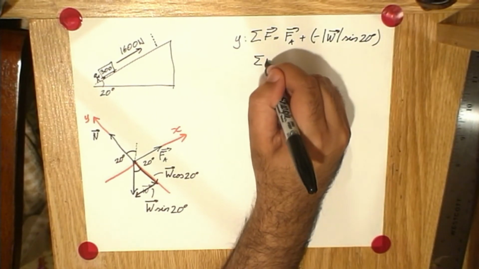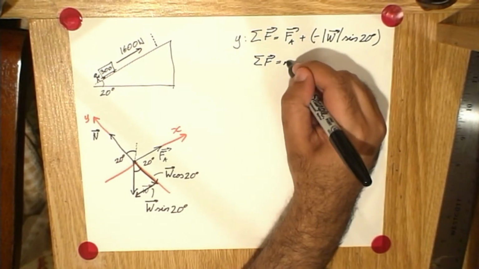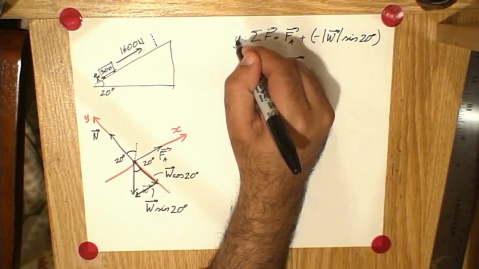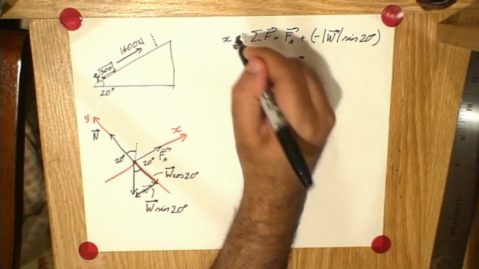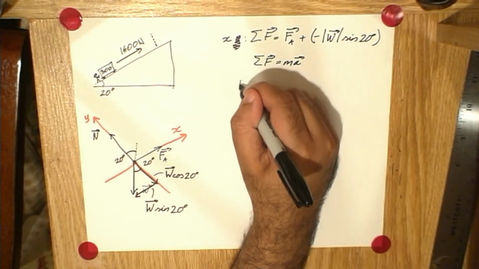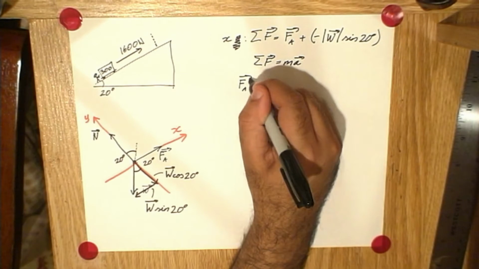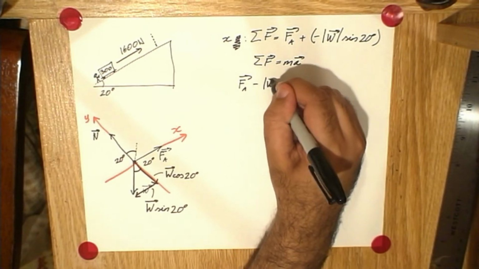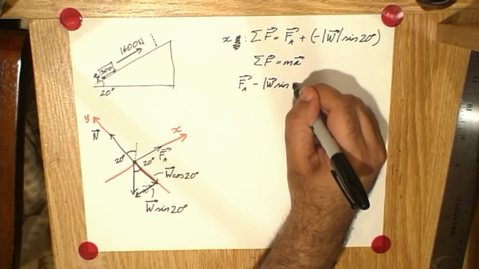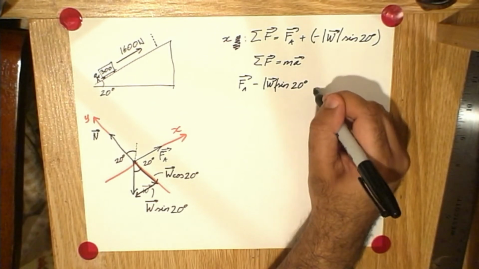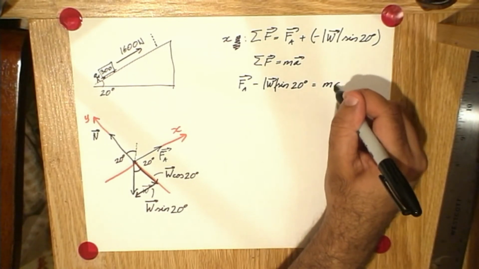But total force is also equal to mass times acceleration. By the way, I don't know why I wrote y here. This is supposed to be x. So, applied force minus weight sine 20 degrees is equal to mass times acceleration.